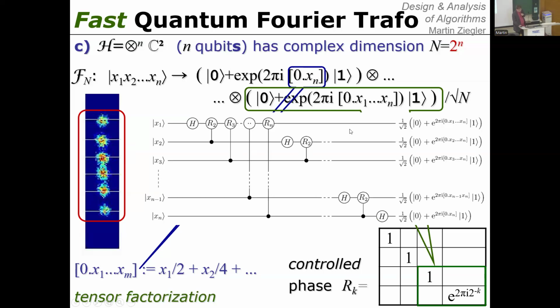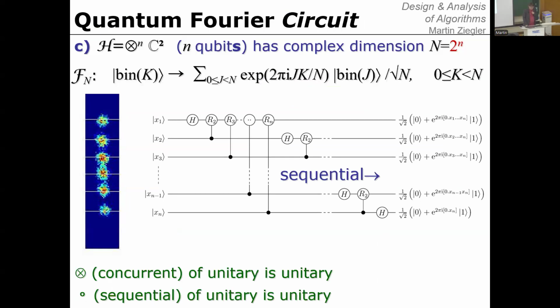This is the sequential direction. And it has n rounds, and each round has n of these controlled phase gates. So the overall size of this circuit is quadratic. Depth is linear.